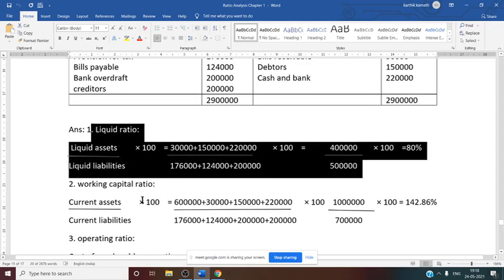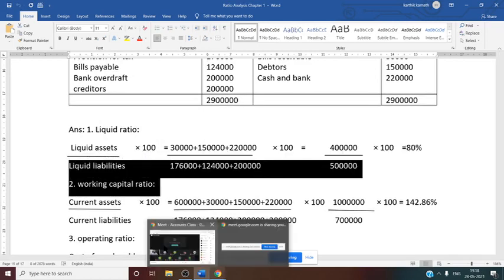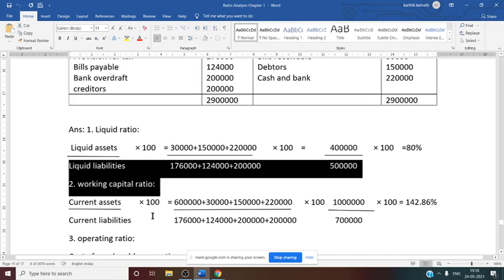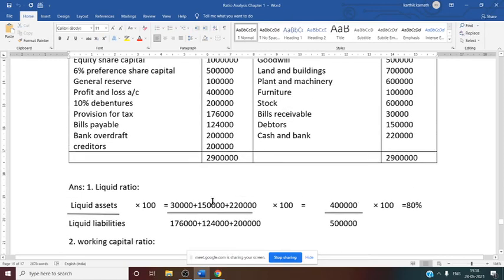Second one is working capital ratio. We know that working capital ratio is nothing but current ratio. Current ratio and working capital ratio are the same. So for the current ratio formula, you need to write: current asset divided by current liability into 100. Now current asset, I have already told you there are 4 items.